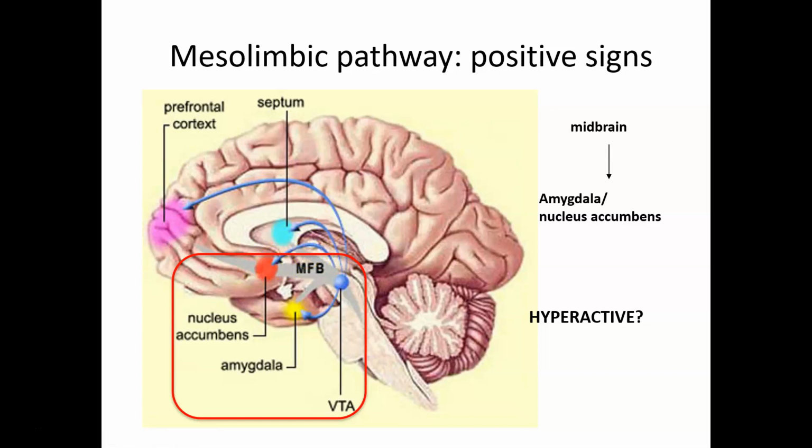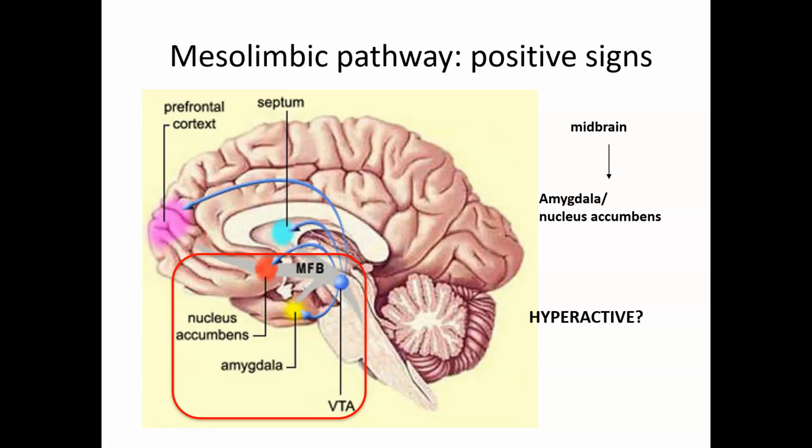So there are different pathways of dopamine. They don't all respond or create the same behaviors. This pathway will mediate things like motivation, libido, eating, comfort seeking behavior.